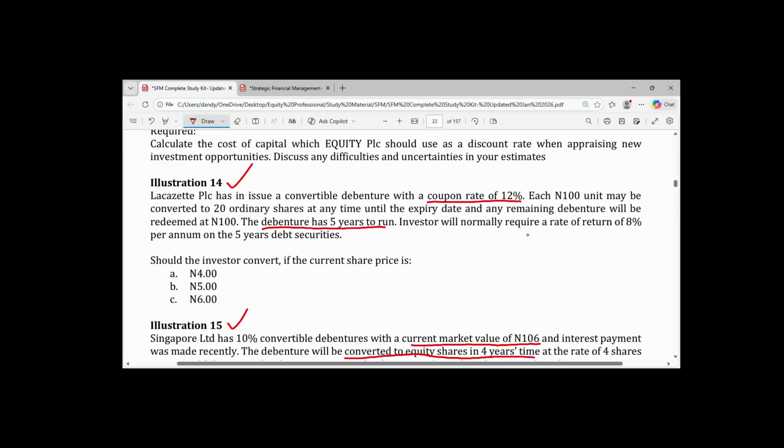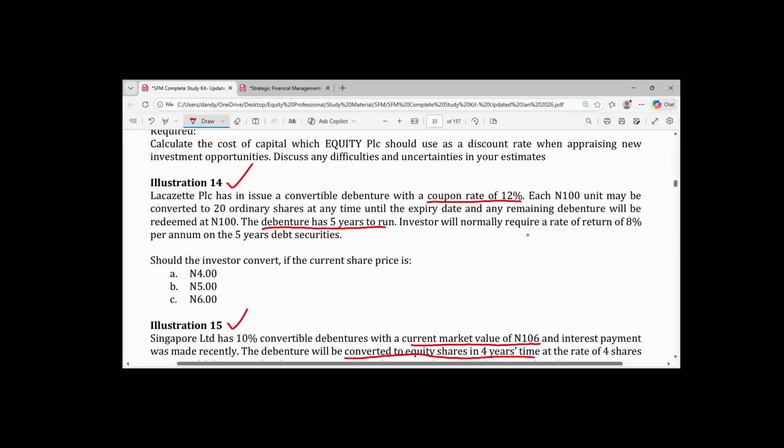Thank you, Tosin. So you have to be very careful. You must understand the requirement of a question before you jump at it. In this question, the examiner wants you to advise whether investors should convert at 4 naira, 5 naira, or 6 naira share price.